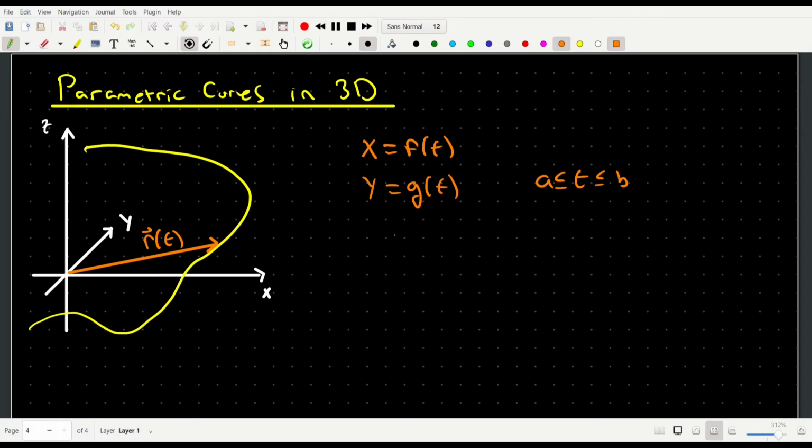But to make this a parametric curve in 3D, all we have to do is specify the z coordinate as some new function h of t, and what we get is exactly a parametric curve in 3D, which is described by points x, y, z in three-dimensional space, which is the same thing as f of t, g of t, h of t.